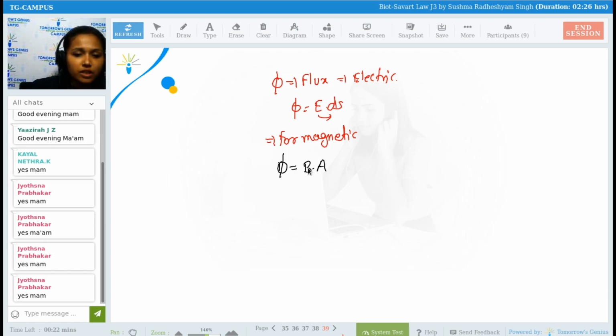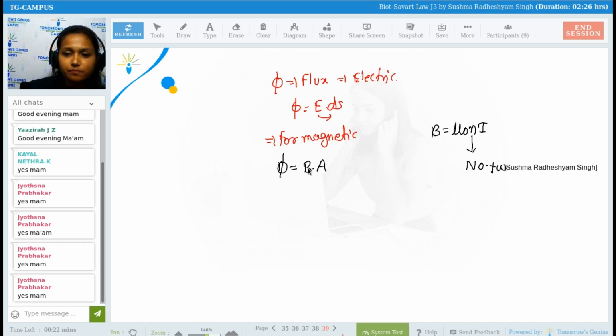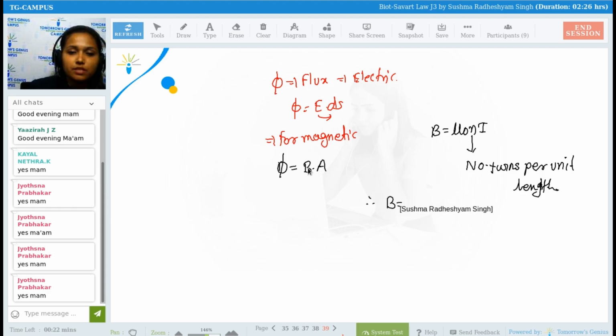B is the magnetic field due to current in a conducting wire, which is a solenoid. In the solenoid, the magnetic field B is equal to mu naught N i, which is very basic, and N is the number of turns per unit length. So it is simply B is equal to mu naught N i upon L. So this is your flux. Clear this? This is your basic formula.